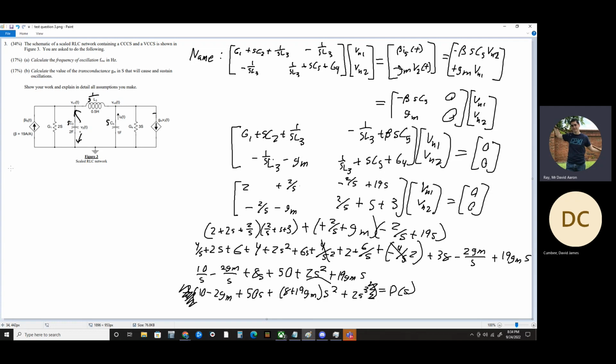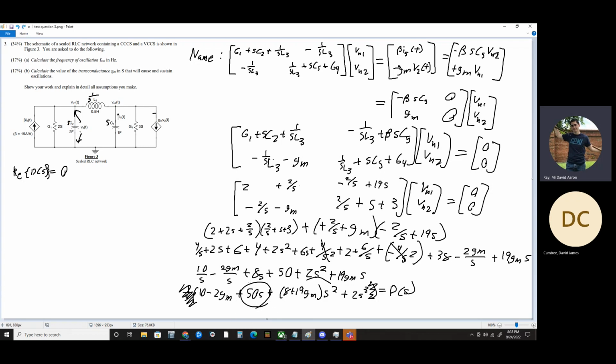Because what you can see here is, if I start with the imaginary, actually, let's start with the real. If I start with the real parts of d of s, what we're going to get is, so 50s, that's going to turn into j omega. And so since it has a j, that means it's going to turn imaginary.